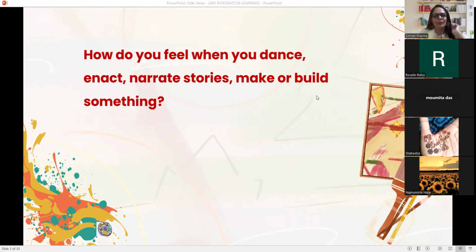How do you feel when you dance and you enact? We have danced at so many functions, religious functions also, and birthday parties. Makes things interesting. Yes, memorable, very nice, enjoyed, exactly.